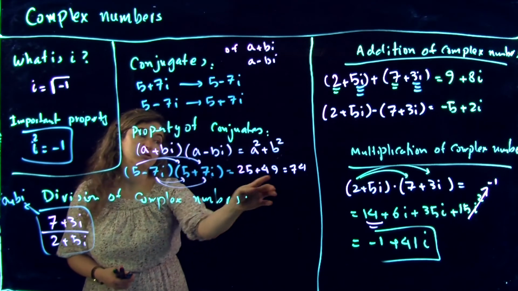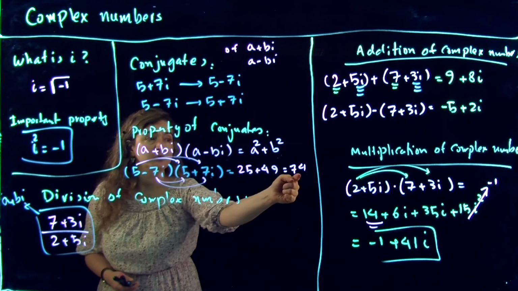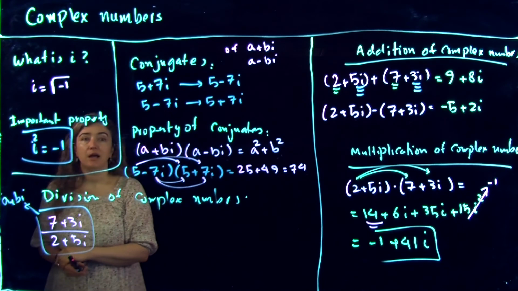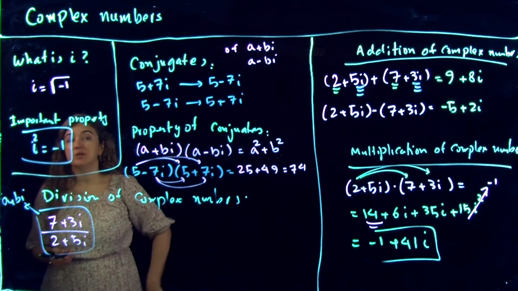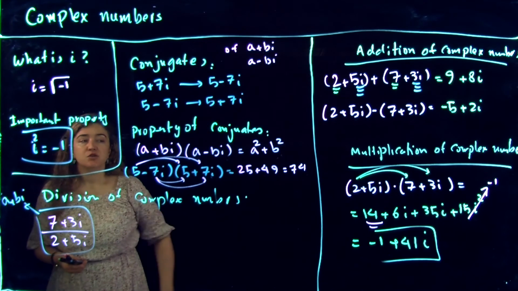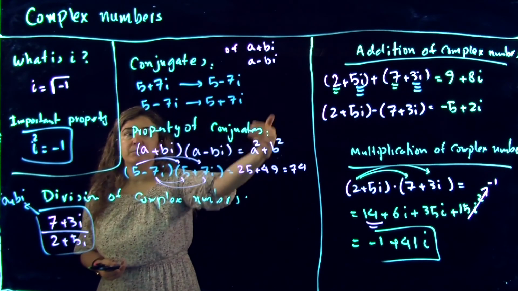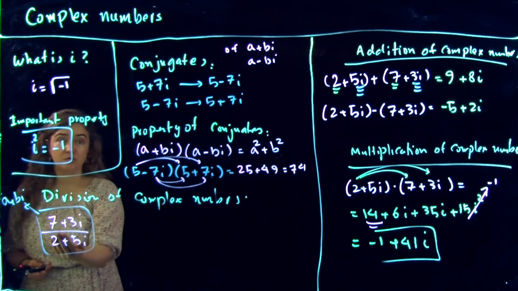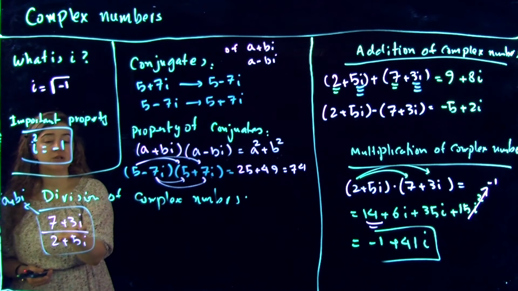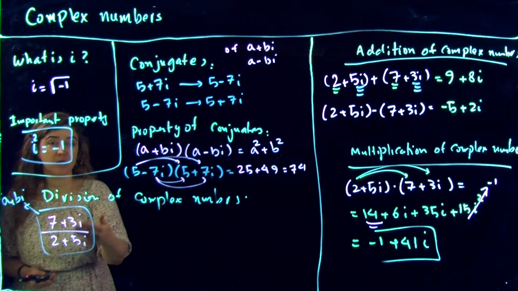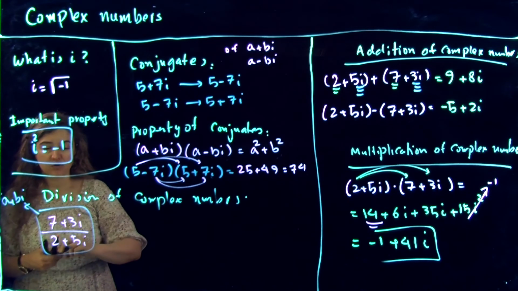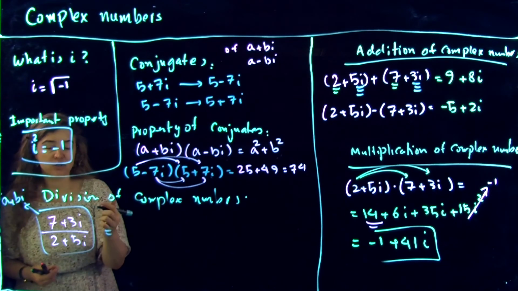Here, the example showed you that the two complex numbers multiply to become the number 74, which is a real number. So maybe I can use the property of conjugates to make the denominator, rather than complex, become a real number.